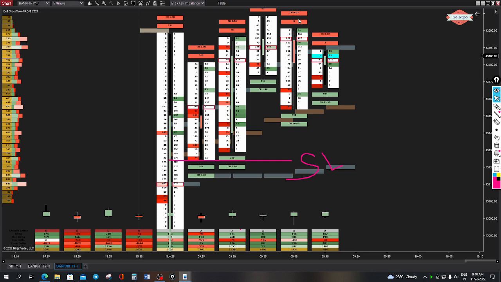Now I anticipate it to move up because the cumulative delta, max delta, everything is supporting the buyer side. I am still in the money.